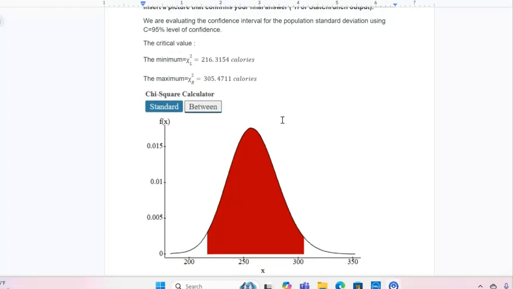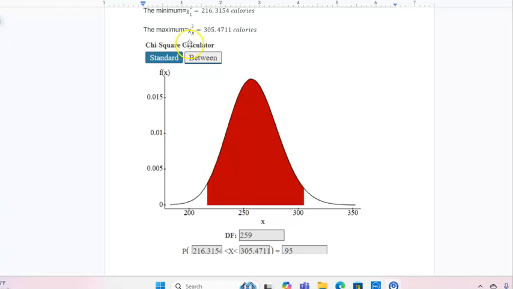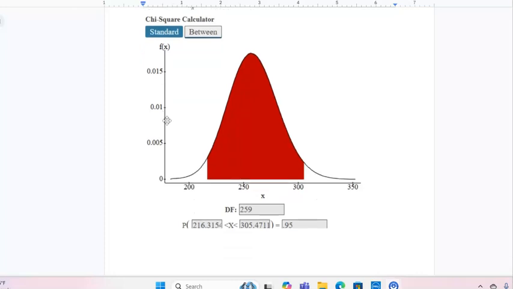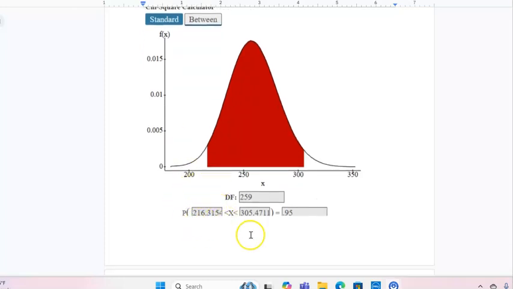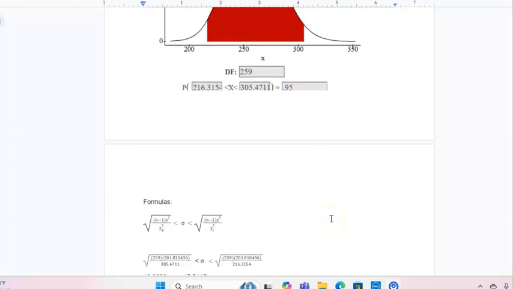And we got a minimum for the x squared left side of 216.3154 calories, and a maximum of 305.4711 calories. This is the calculator that we got from StatCrunch using the chi-square distribution. Right here is the minimum, and right here is the maximum value using the 95%, sorry.